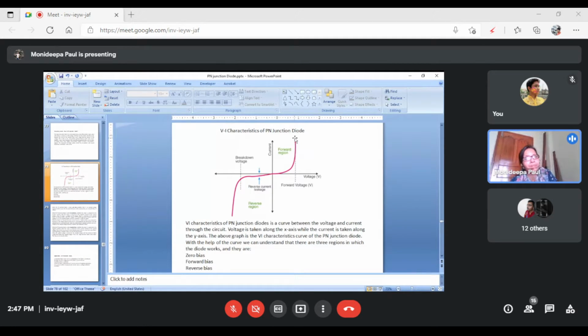Forward bias means the P type is connected with the positive terminal of the external voltage, and the N type with the negative terminal. In the semiconductor device, we all know there is a forbidden energy gap between the valence band and the conduction band.